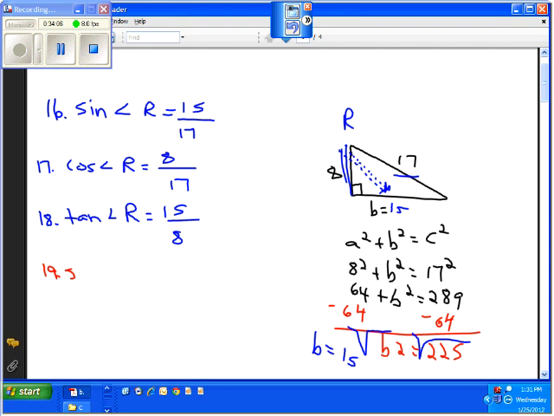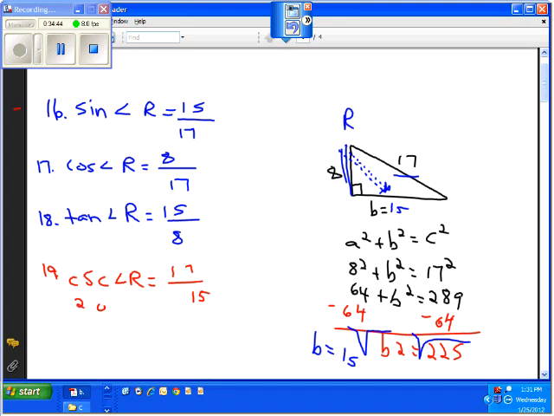Cosecant, which one of those is cosecant the reciprocal of? Sine. Cosecant is the reciprocal of sine, so it's the reciprocal of 15/17, which is 17/15.